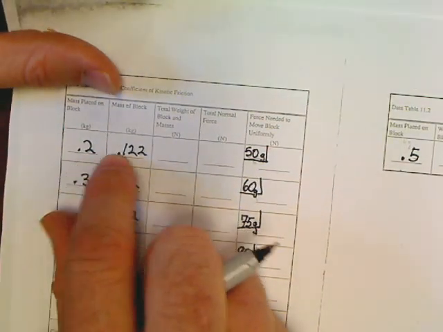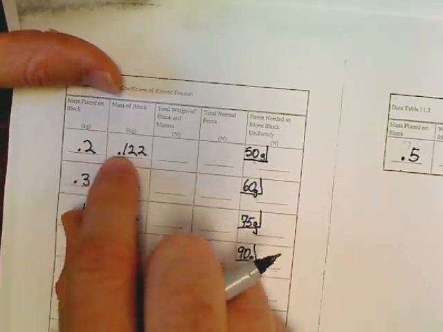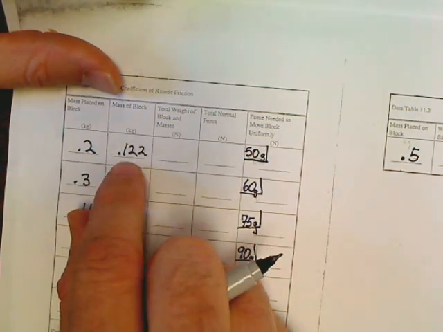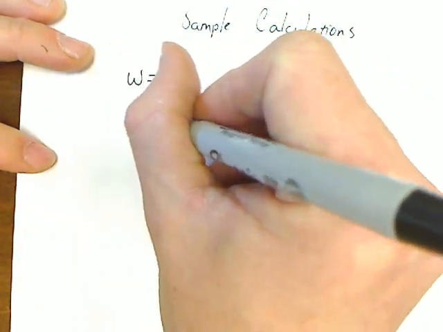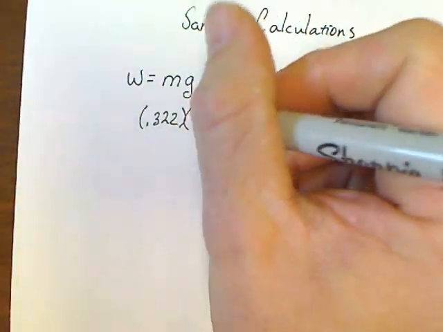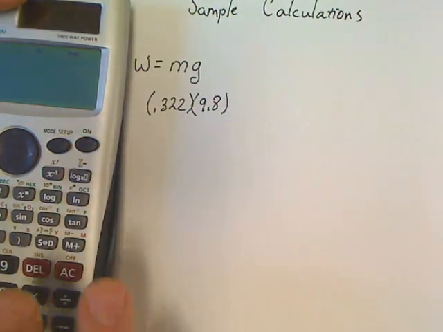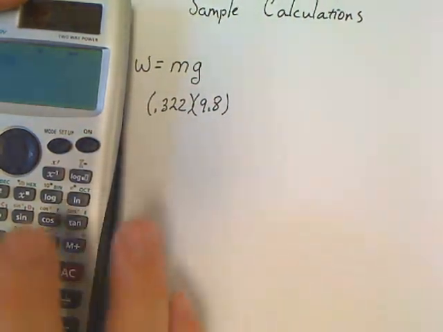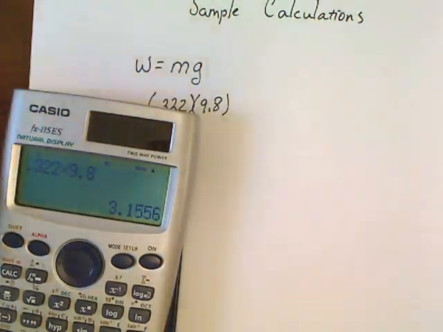So for my very first one, my mass would be the two masses combined, so for me it's going to be 0.322. So I'm going to have 0.322 times 9.8, and that's going to give me my first weight. So my first weight is 3... I'm trying to think how many decimal places I want to keep.